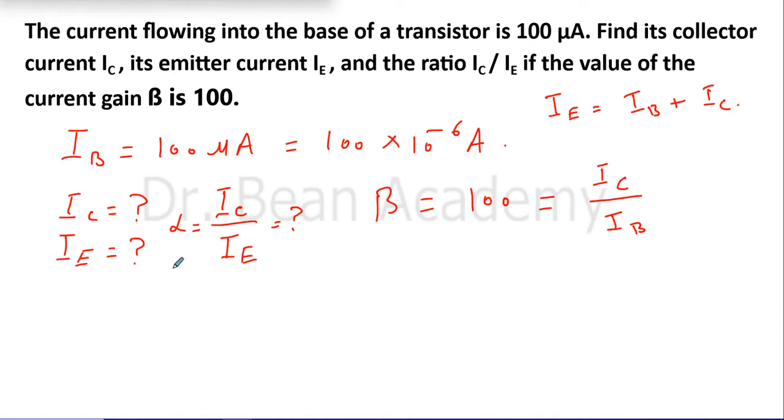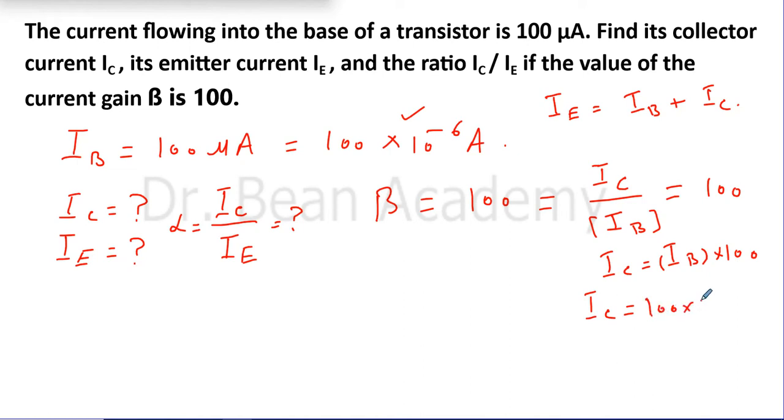So now I need to find IC and IE. I already have IB. Here I have the ratio IC over IB, and it is equal to 100, because this is beta. Beta is IC over IB. So I can find IC because I already have the value of IB. The collector current equals base current multiplied by 100, and the base current is given in the question.